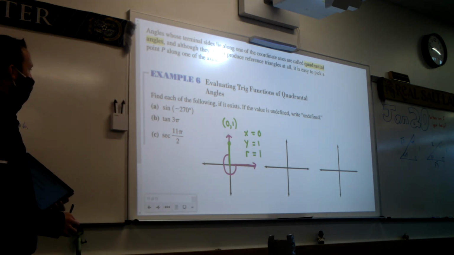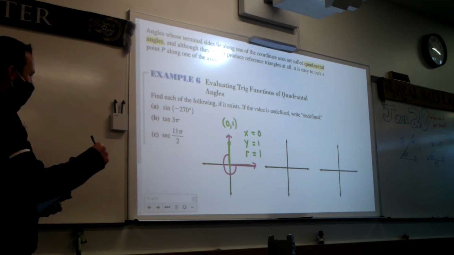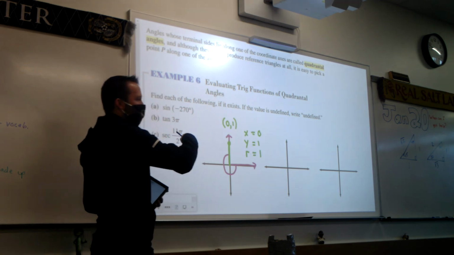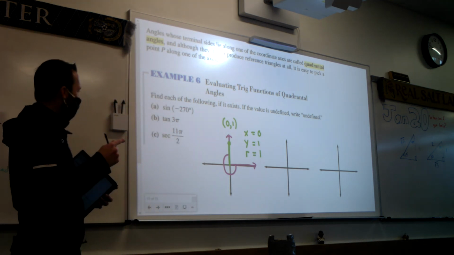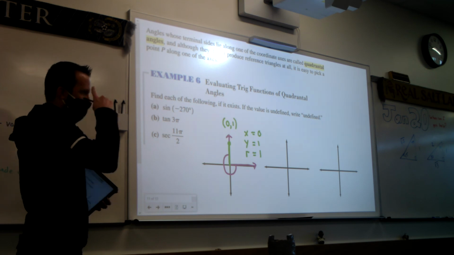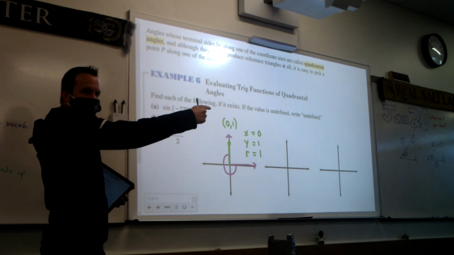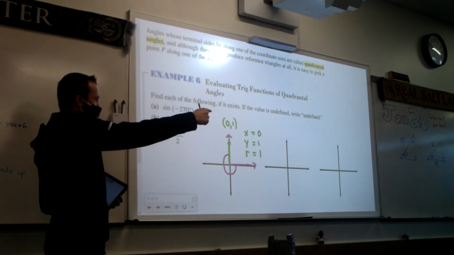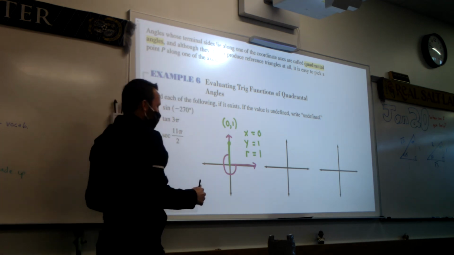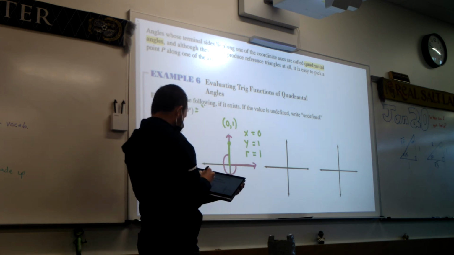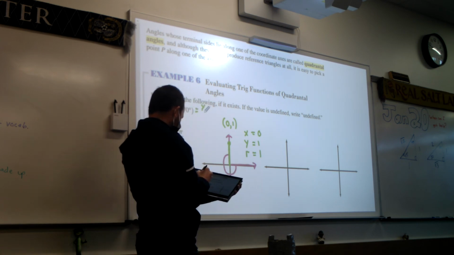Okay, now we're asked to do the sine of negative 270. So we need to do sine, and we're used to sine being opposite over hypotenuse. But how did I say to think about it now? The opposite is that x or y. That's y, right? So the opposite is y, and the hypotenuse is r. If you go back and look at your formulas, you'll see that. This is going to be y over r.